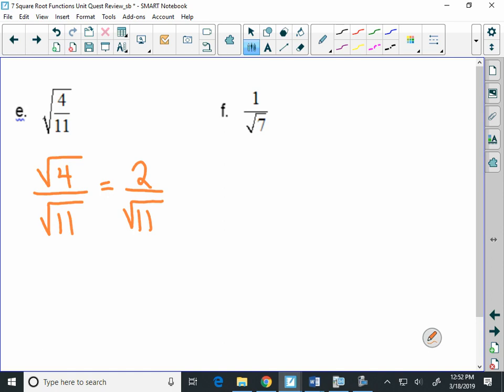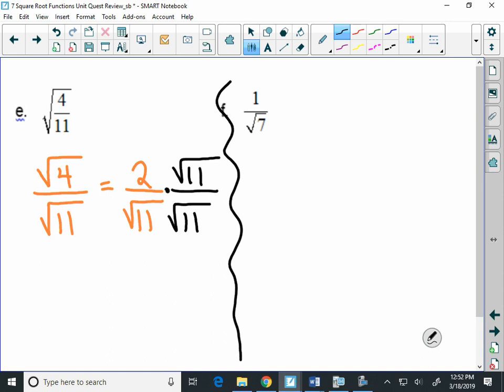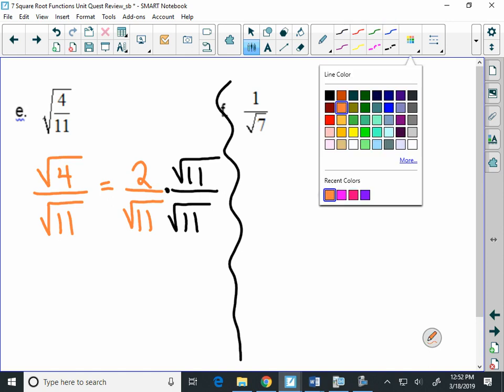Radical, also known as square root. And to get rid of the radical in the denominator, what we're going to do is we're going to multiply by the square root of 11 down here in the bottom of the fraction. If we multiply the bottom of the fraction by the square root of 11, we need to also multiply the top of the fraction by the square root of 11, which we sometimes call a fancy form of 1.